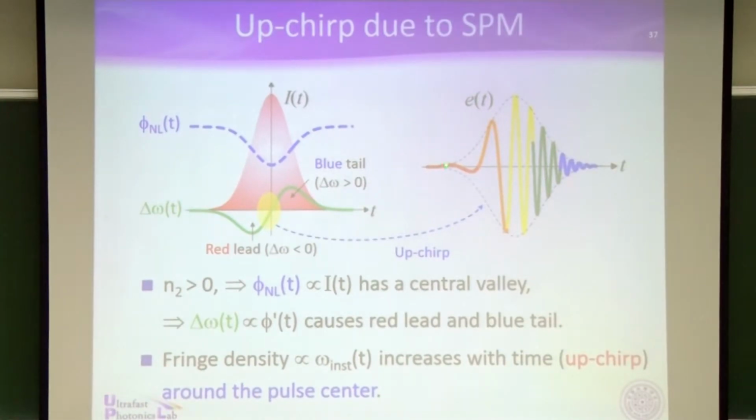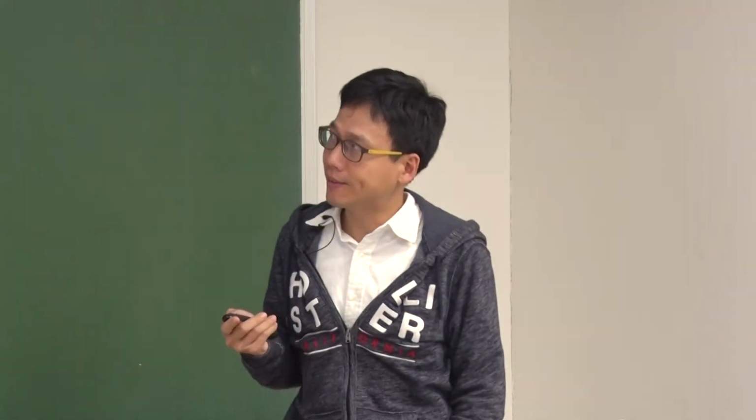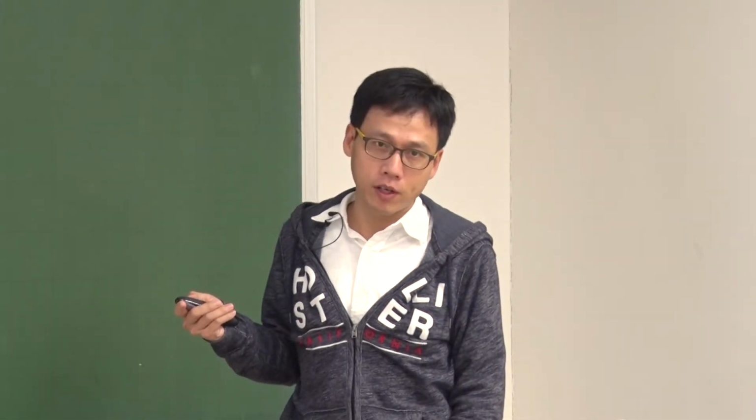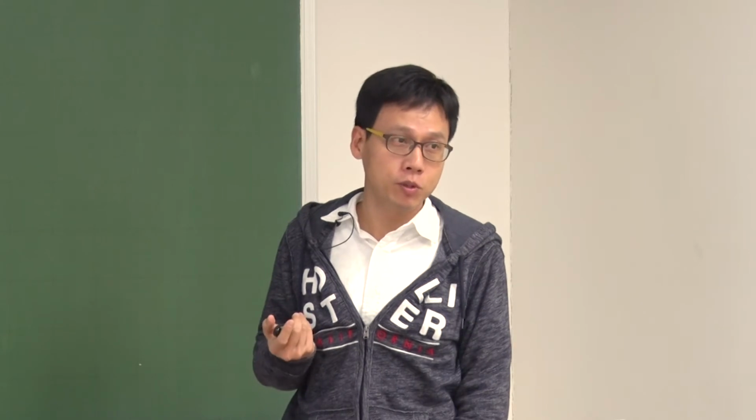You can imagine in the very beginning and the very last moments, the local frequencies differ from the simple upchirp model. It's a little bit complicated. But since the pulse energy there is very nominal, we can roughly mention that self phase modulation creates upchirp for your input pulse.